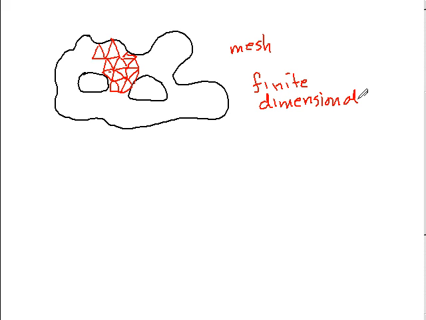And the fundamental question is, if you have a linear problem, say with derivatives in it, and you're solving this problem, can you approximate it by a finite dimensional problem with u sub n and solve this equals f sub n?